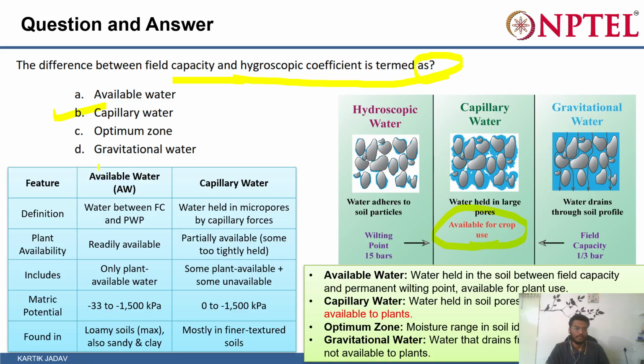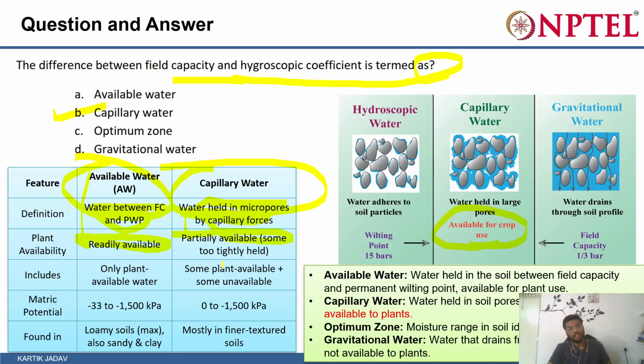Don't confuse available water and capillary water. So let me quickly describe both. Available water is water between field capacity and permanent wilting point, while capillary water is water held in micropores by capillary forces. Available water is readily available to the plants, while capillary water is partially available as some of the water is tightly held to the soil particles.